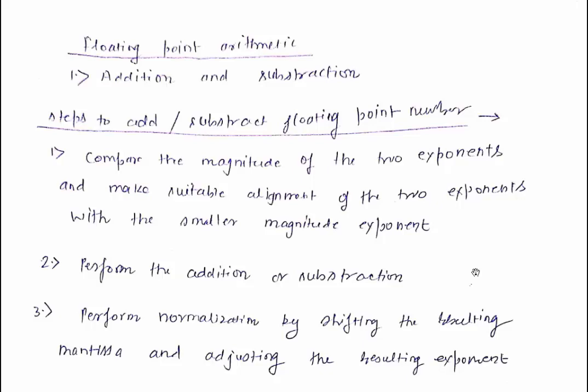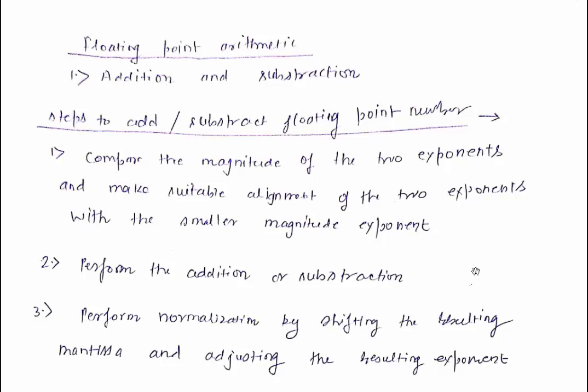First you have to align the exponents. If the exponent values of the two numbers are the same, then only you can add. You cannot add 0.5 to 1.45 if the exponents are different.